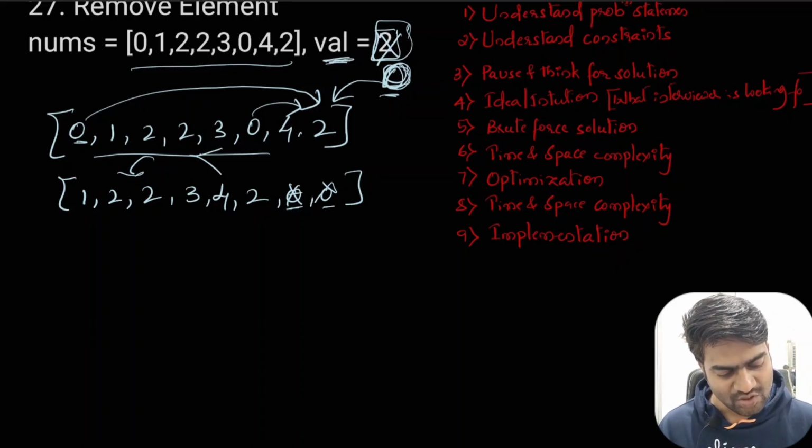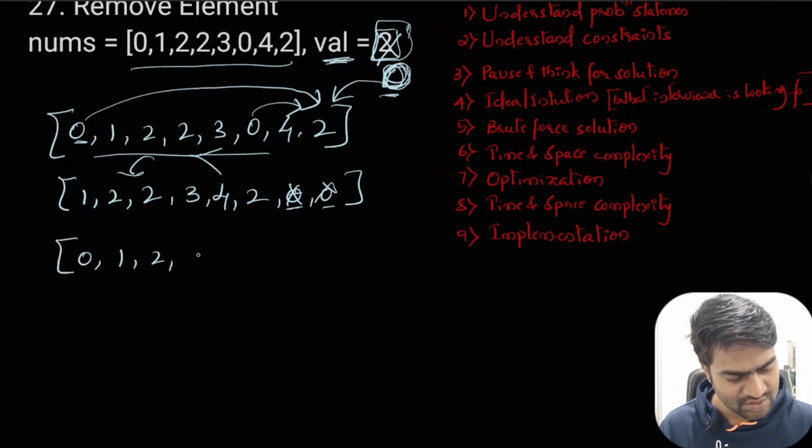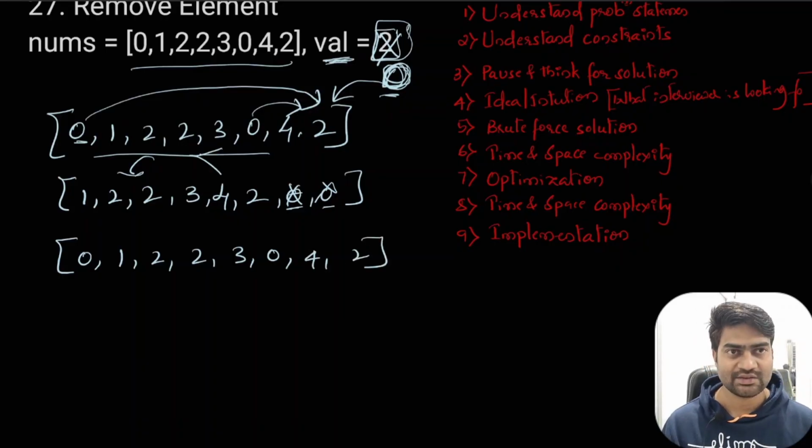In that, what we did, again I will take the particular array 0, 1, 2, 2, 3, 0, 4, 2. Okay. Now instead of 0, I will directly deal with 2, because here we have been given the value as 2.